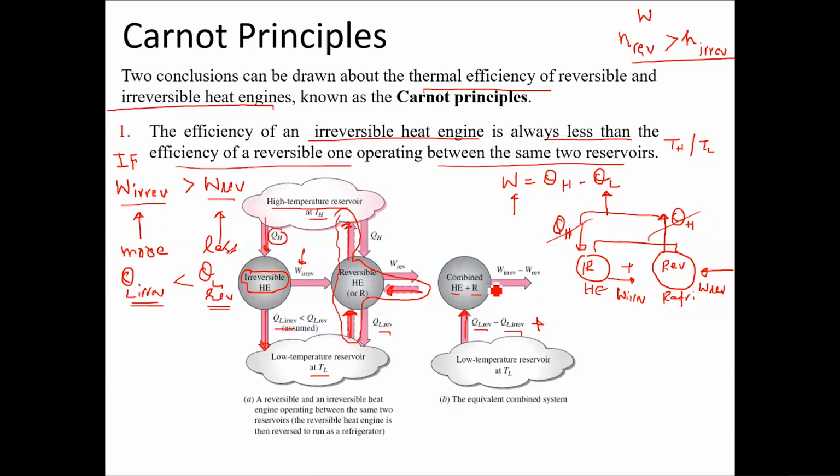So the direction of the irreversible would be followed, and you will have work irreversible minus work reversible as a positive quantity. Clear enough? Yes, sir. So far, is it clear? Yes, sir, clear.